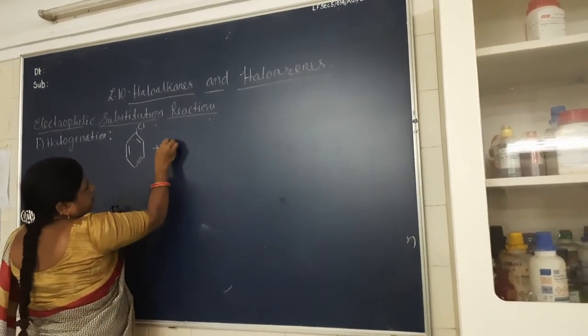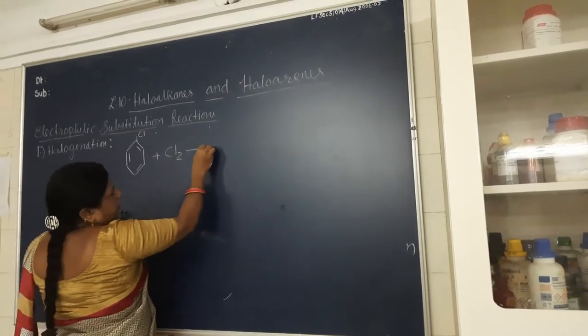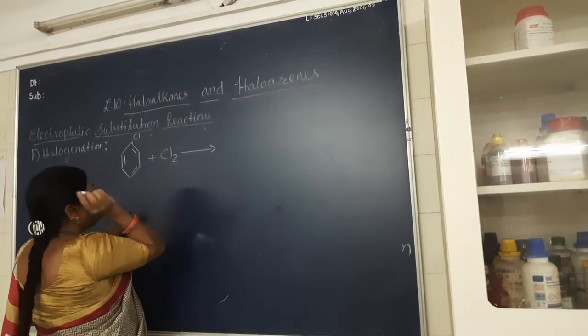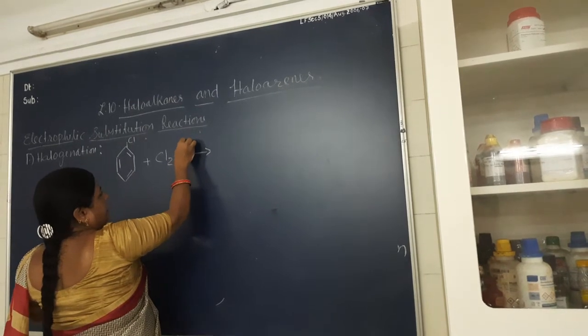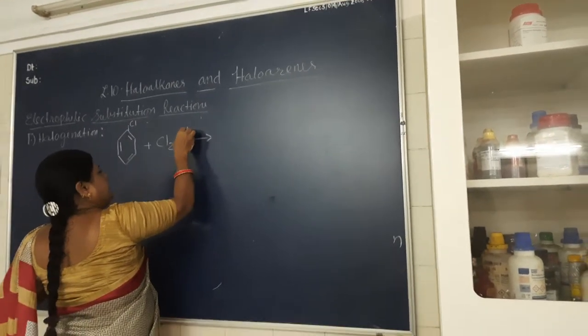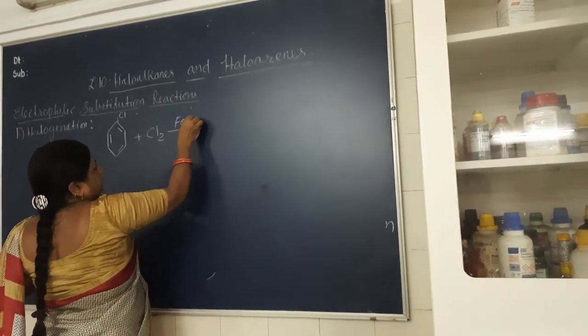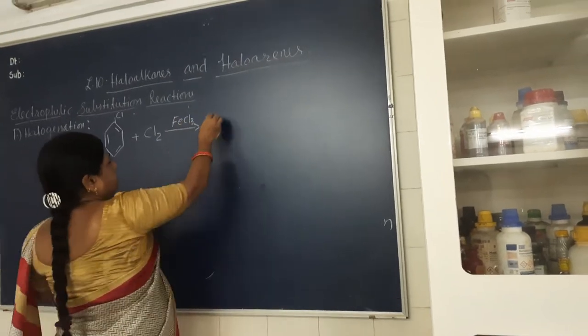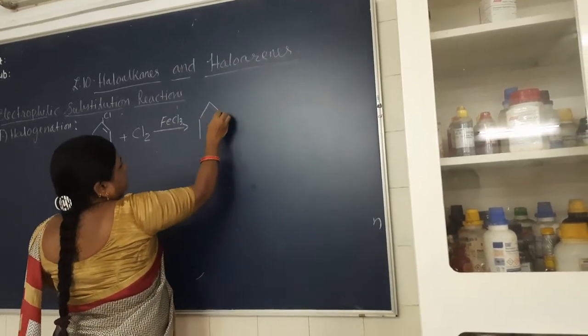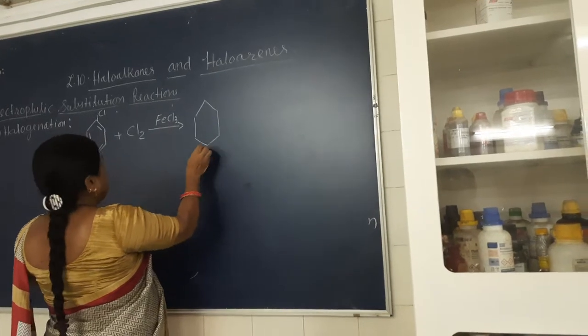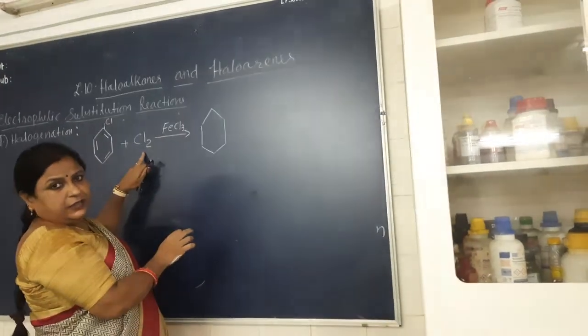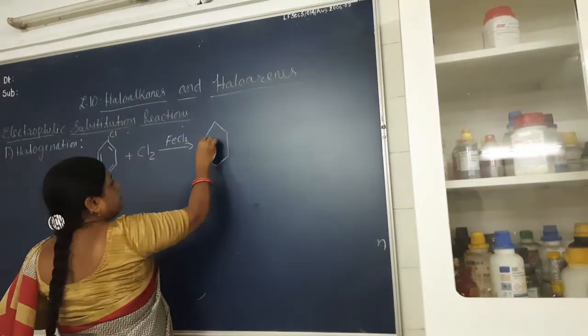Chlorobenzene will react with Cl2. Okay. So halogenation will take place in the presence of anhydrous FeCl3. Correct? So what reaction will take place here? One chloro is already there, so another chloro will join, another chlorine will join. So what will be the structure here?